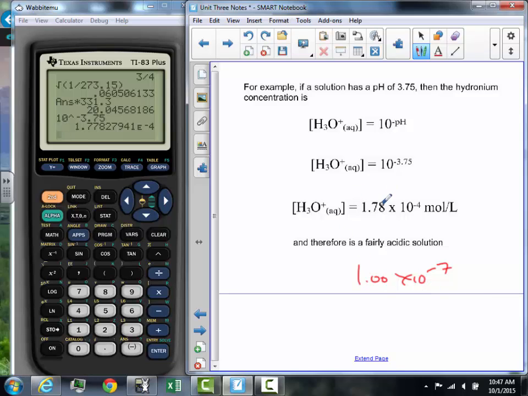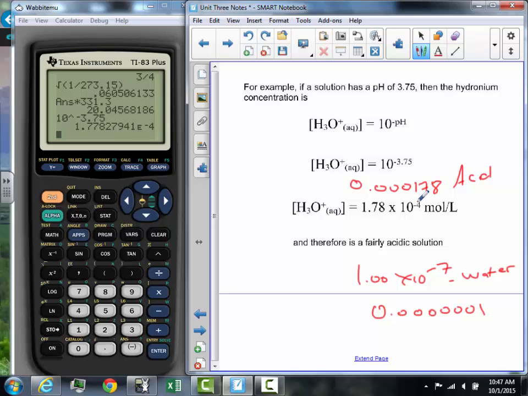Yes. Because this number right here is 0.000178. That's acidic. This is what water would be, and that would be 0.0000001. Which one of these numbers is a bigger number? This one up here is bigger.